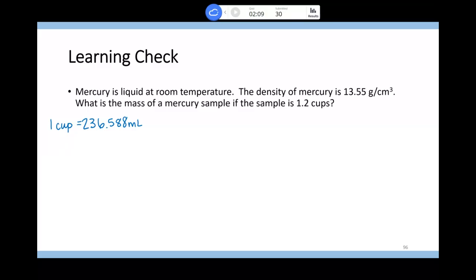Are there any questions about this or the last slide? So how many centimeters cubed are in 1 cup? Don't we also need that? Yes, I think it's the same. Hold on, let me look this up. No, it is the same.